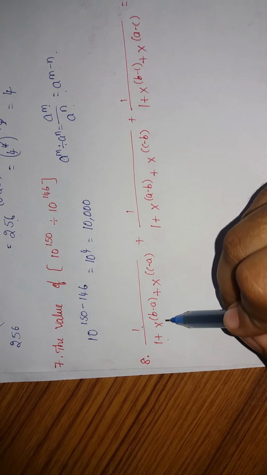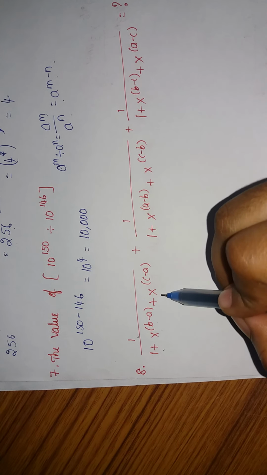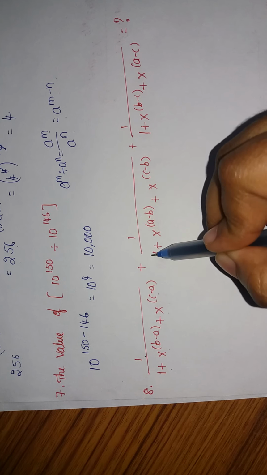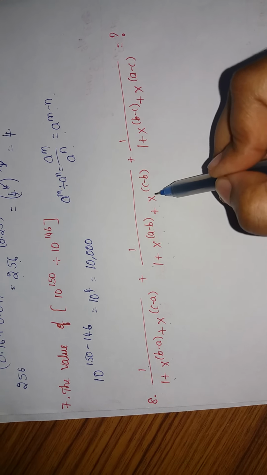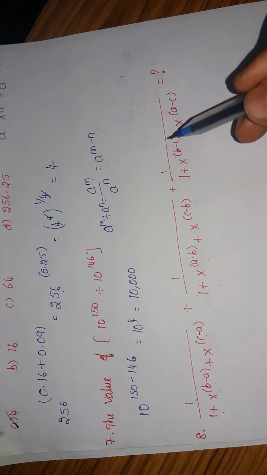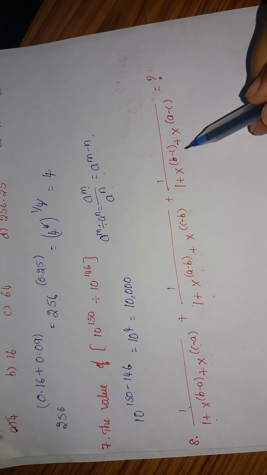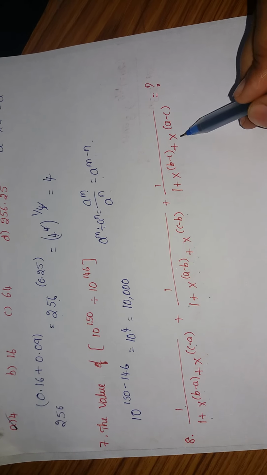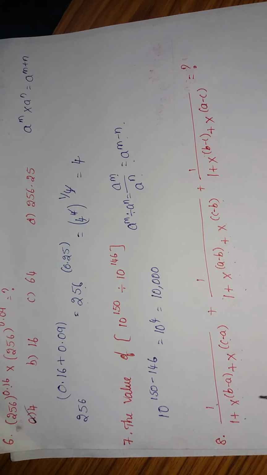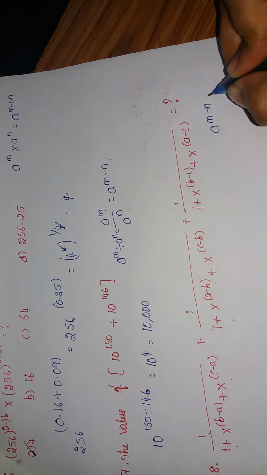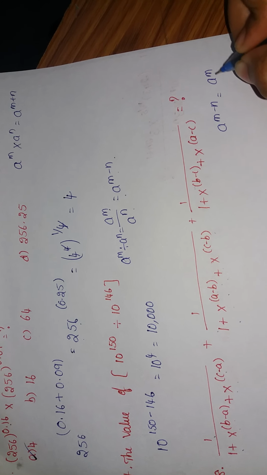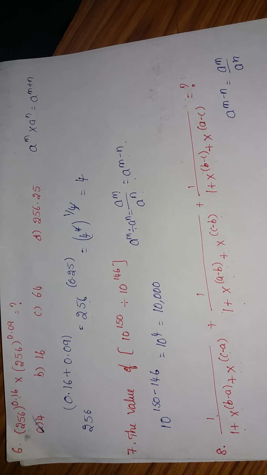1 by 1 plus x power of b minus a plus x power of c minus a, plus 1 by 1 plus x power of a minus b plus x power of c minus b, plus 1 by 1 plus x power of b minus c plus x power of a minus c. We have to split this expression using a power of m minus n, that is a power m by a power n.